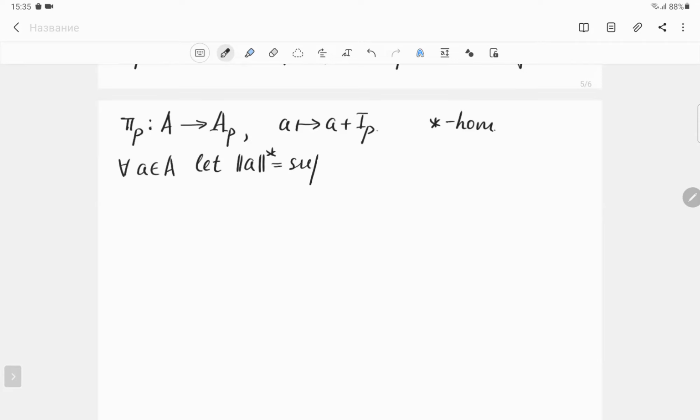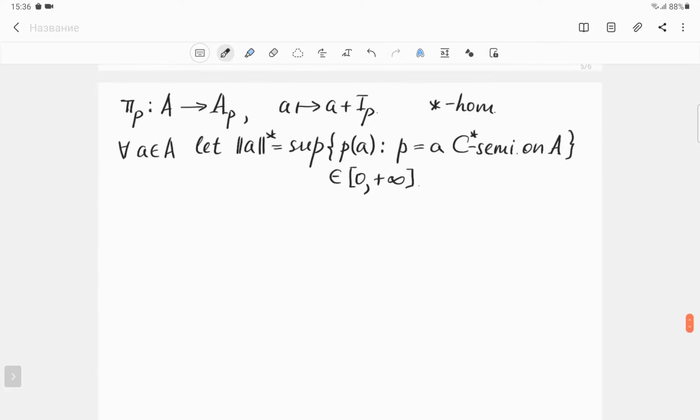And this is the supremum of P of A, where P runs over the family of all C-star seminorms on A. So this is some non-negative number, which sometimes can be equal to infinity. And I don't claim that it is always finite. We now have the following proposition.